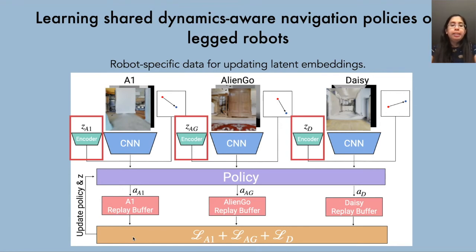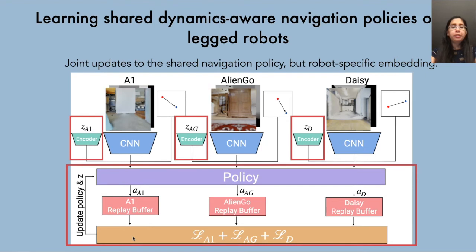However, each robot's individual replay buffer is also used for updating a robot-specific latent embedding. So while the joint loss across A1, Aliengo, and Daisy is used for updating the shared navigation policy, the robot-specific embeddings Z-A1, Z-AG, and Z-Daisy are updated using individual robot replay buffers.